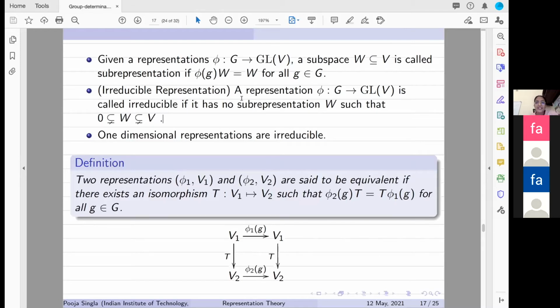So see, the action on W is only via phi. Then I say subrepresentation. Okay, so if you look at the definition, this is phi(g). The action of g on W is via phi. Does that answer this question? I mean, as a subspace, I cannot say that there is an action or not. It is like a restriction of the action of phi on the subspace.